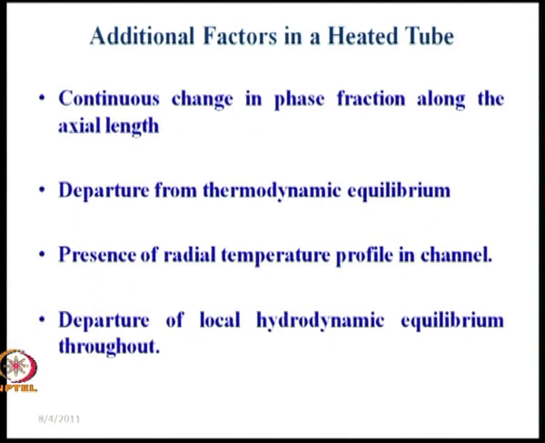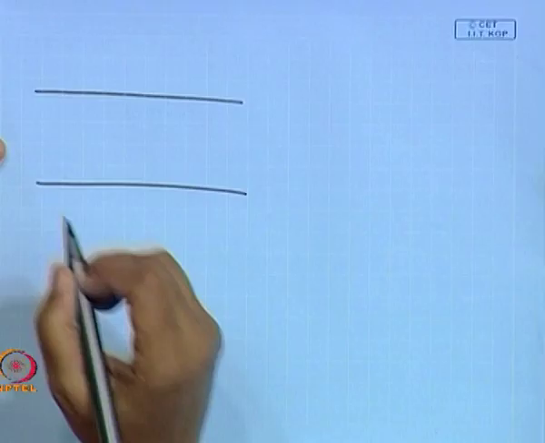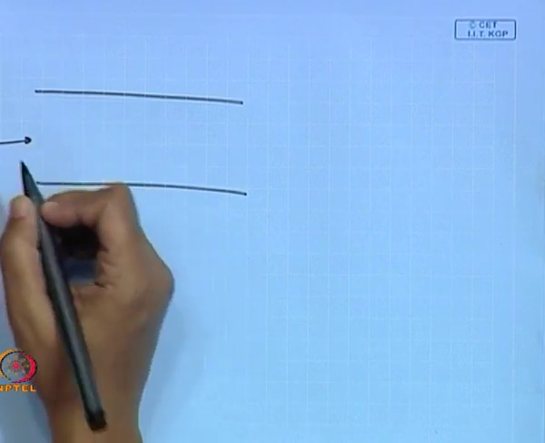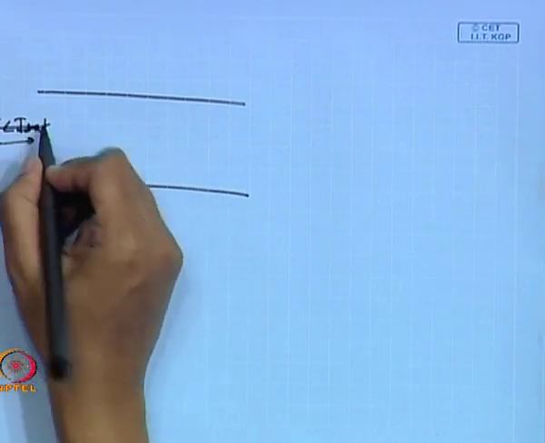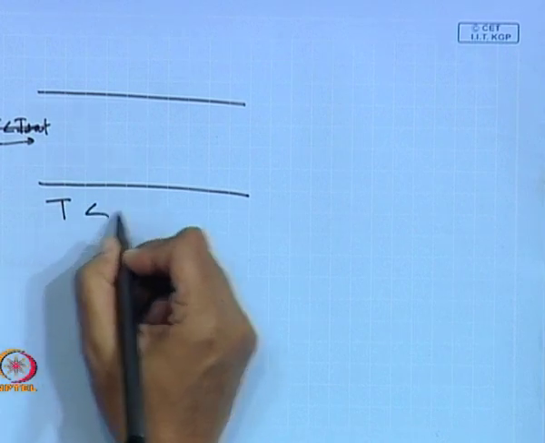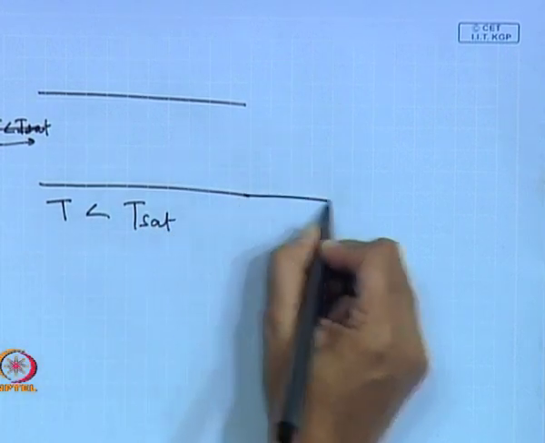This flow situation, if you imagine, it will be something of this sort. Again, we start with liquid where T is less than T saturated. I will write it here, T less than T saturated.